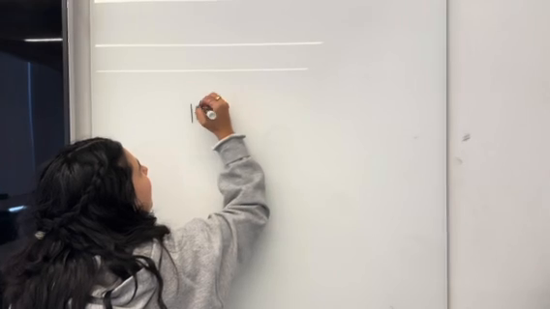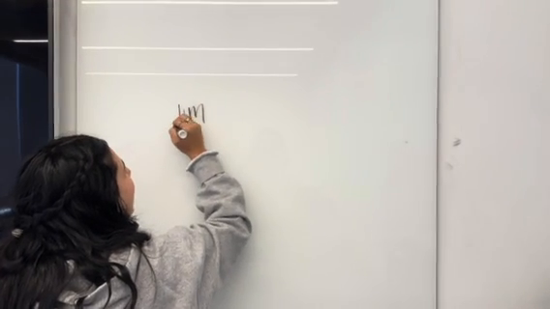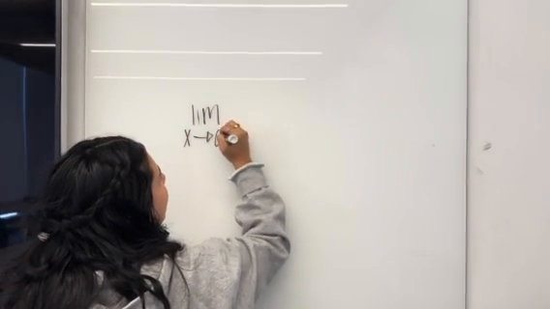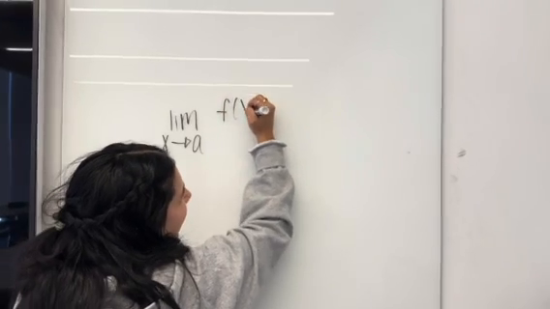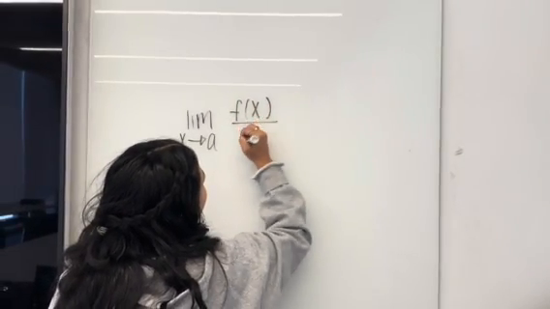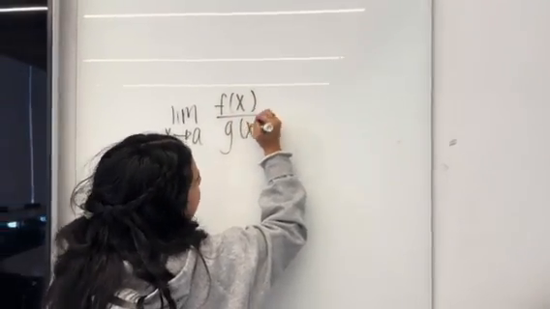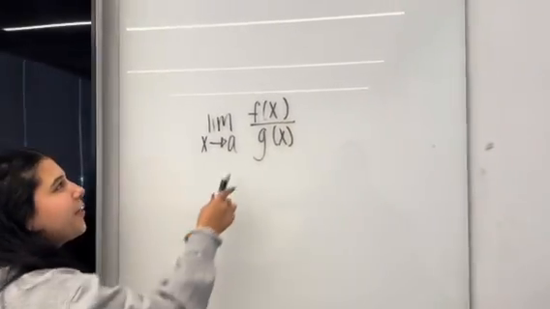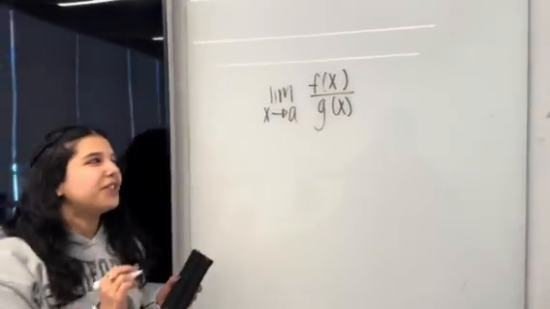Limit as x approaches a, f of x over g of x, where both f and g are differentiable.